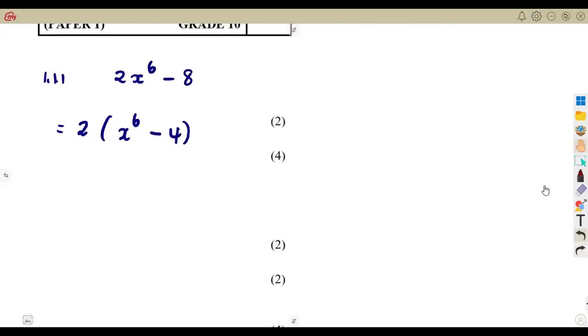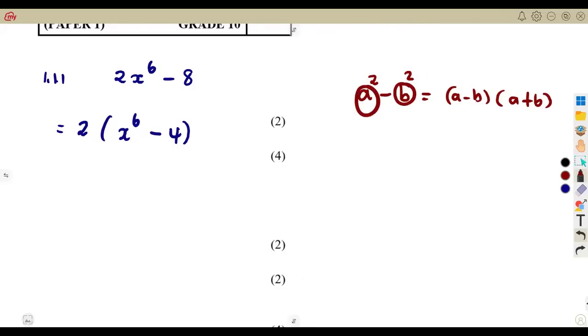Remember that a difference of 2 squares is when we have perfect squares. a to the exponent of 2 minus b to the exponent of 2 is equal to a minus b into a plus b, as long as we can write these numbers raised to the power of 2. a to the power of 2, b to the power of 2. So we can see that this is to the power of 6, this is to the power of 1, but I'm saying it's a difference of 2 squares.